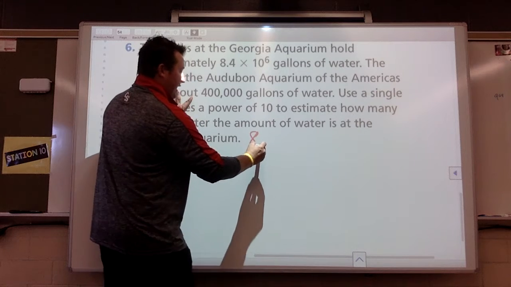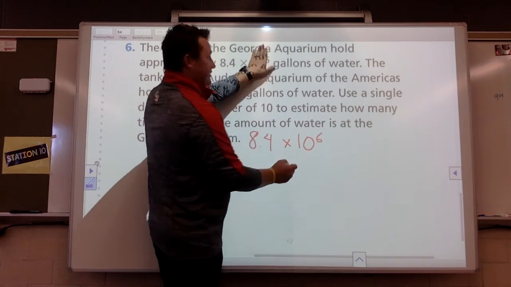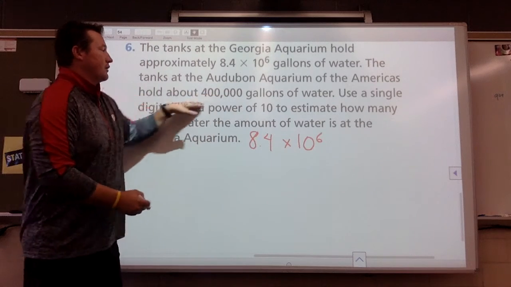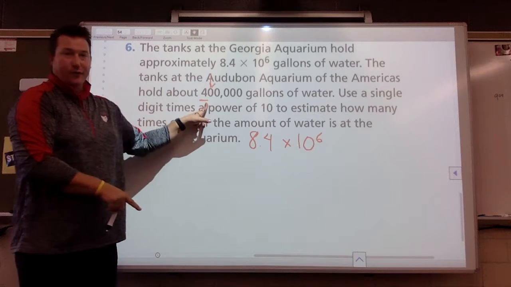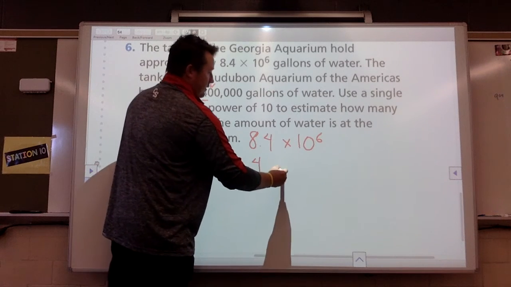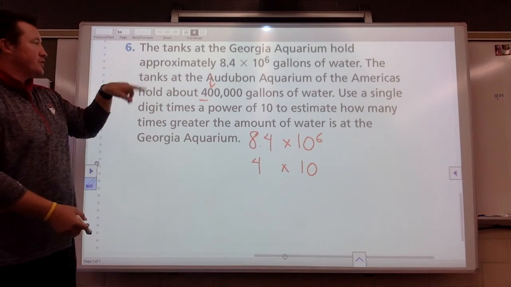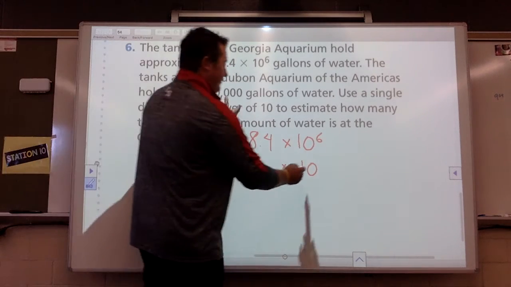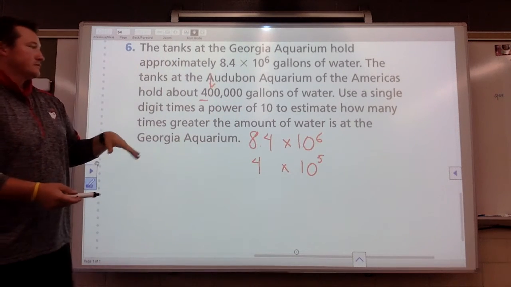Again, here's the first one, 8.4 times 10 to the 6, right? That's the Georgia Aquarium. 400,000. Is the 0 going to do anything to the 4? No, going to keep it the same. So this is going to be 4 times 10 to what power? 1, 2, 3, 4 to the 5th power.